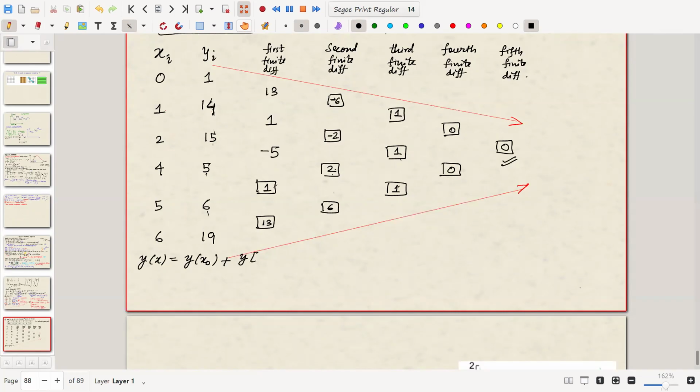y of x naught, the first finite difference, right? Times x minus x naught, plus times x minus plus.